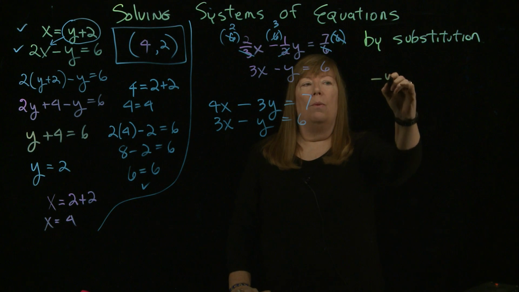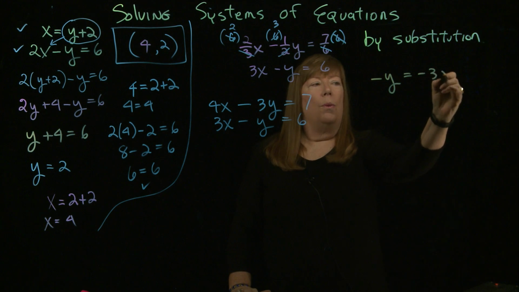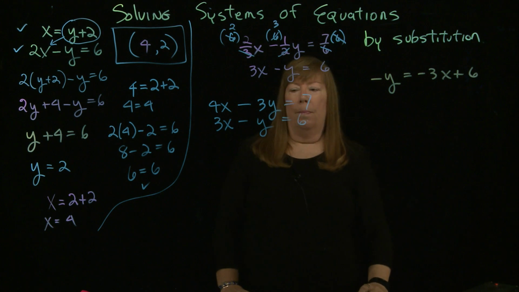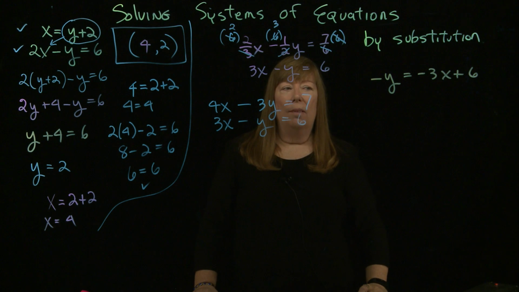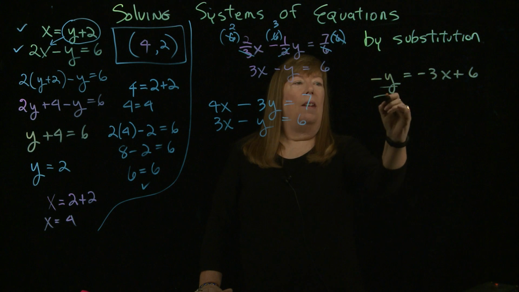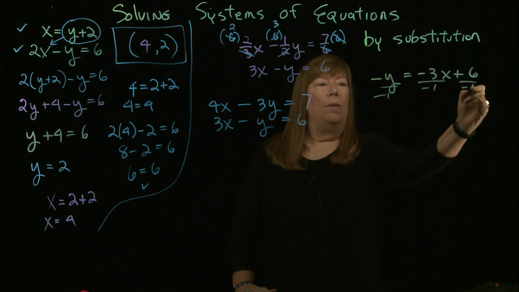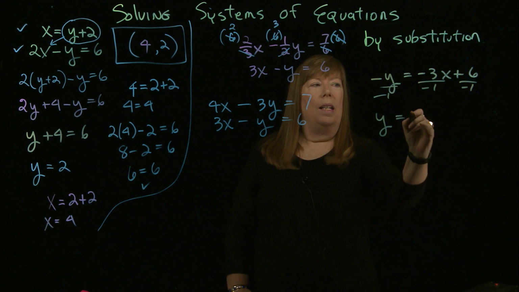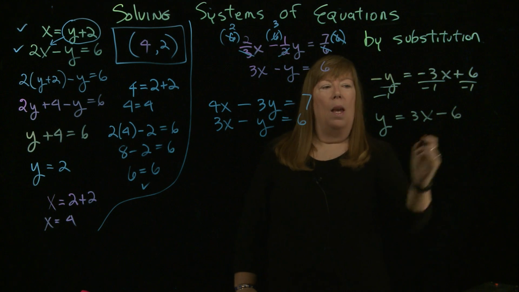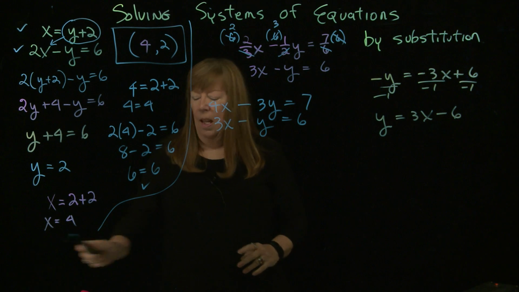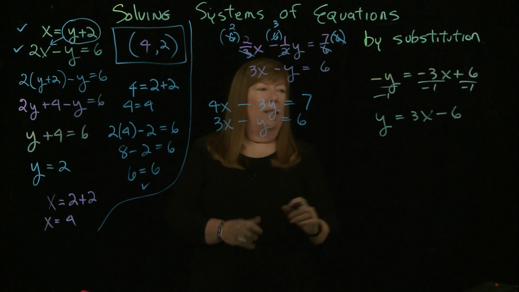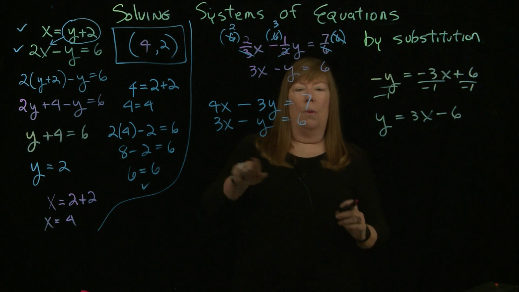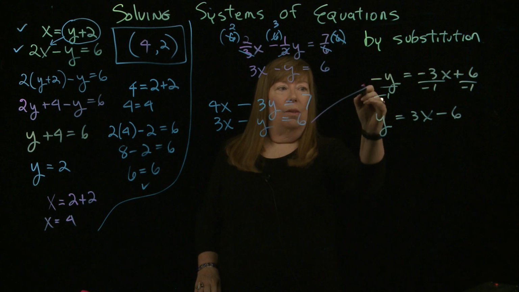We'd have negative y equals negative 3x plus 6. So is the y isolated yet? Not quite. We're going to have to divide everybody by negative 1 first, and we'll have y equals positive 3x minus 6.